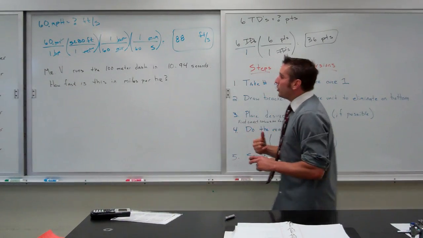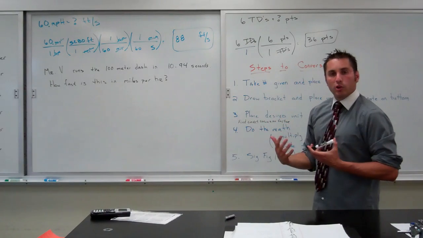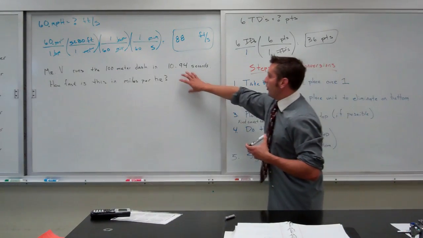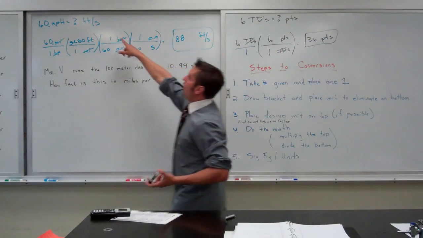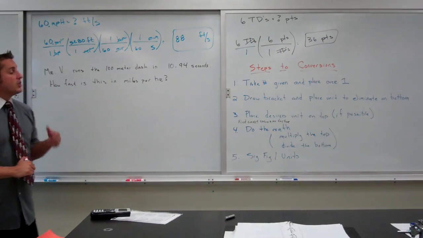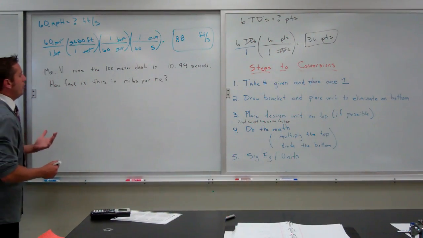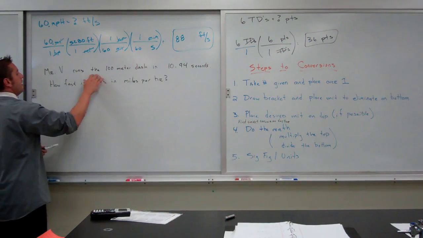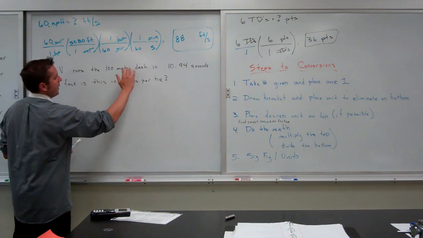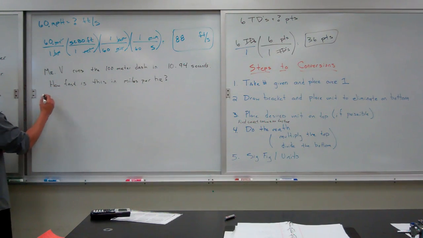A lot of people don't like word problems, so I wanted to look at one and show you how we turn this phrasing into what we do with our number and our equal sign. The first thing you want to do is list what you know. In the question, what we know is that the 100 meter dash gets run in 10.94 seconds.